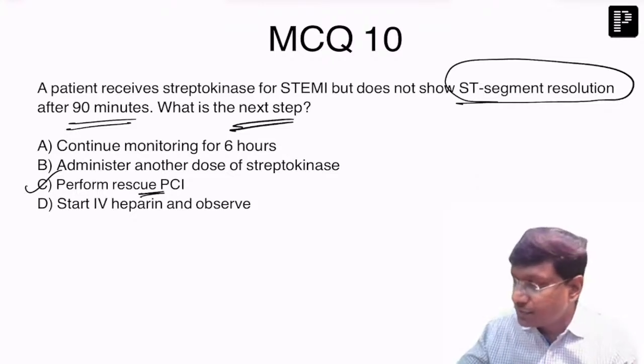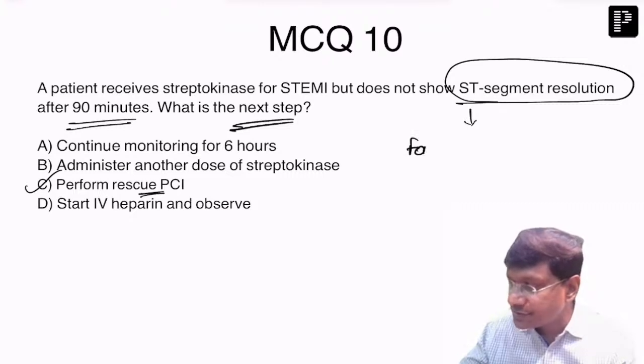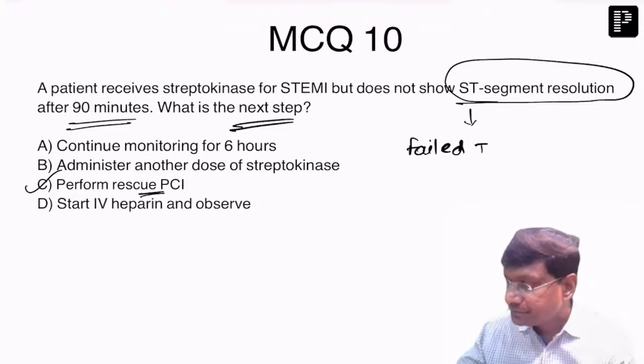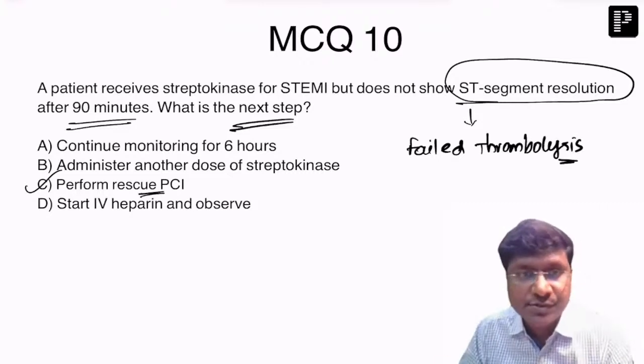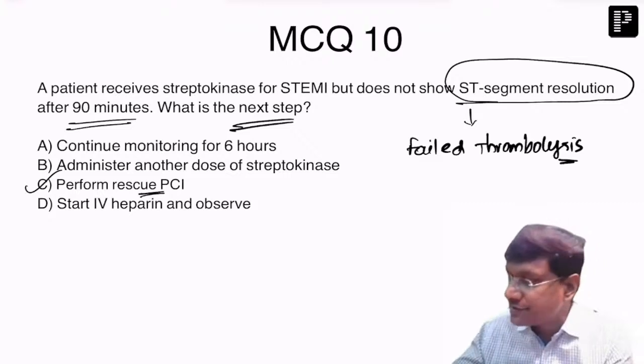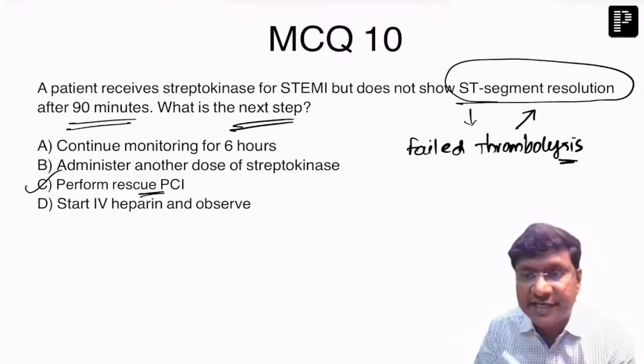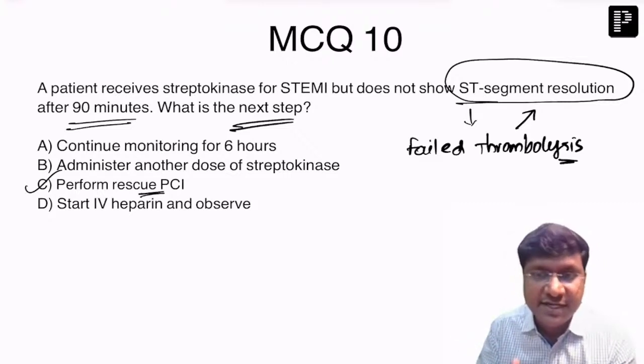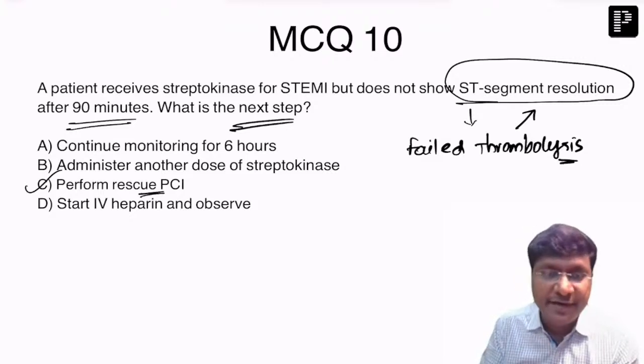So what is this now? This is your failed thrombolysis. What do we mean by failed thrombolysis? It is where there is a lack of ST segment resolution, and this requires immediate rescue PCI for better outcomes.